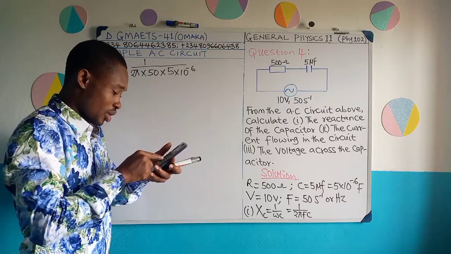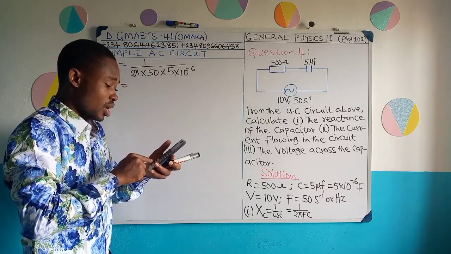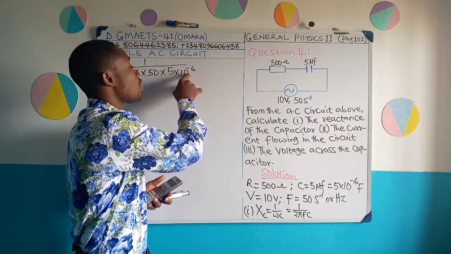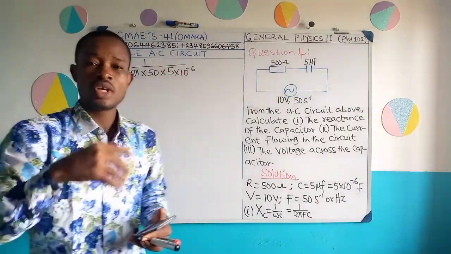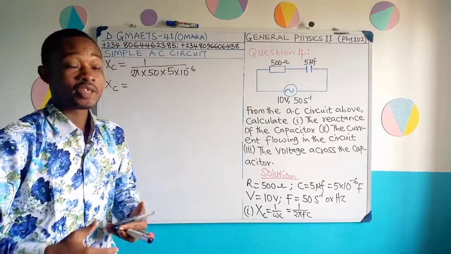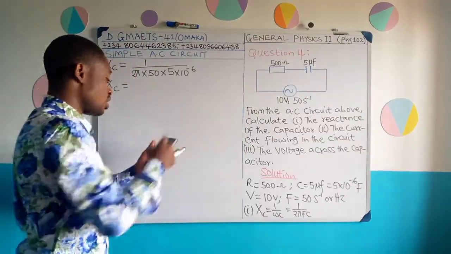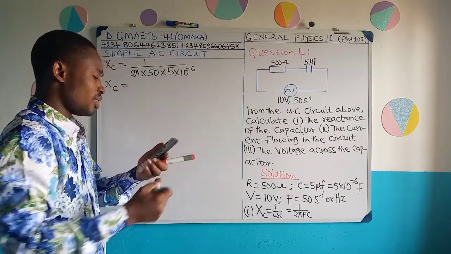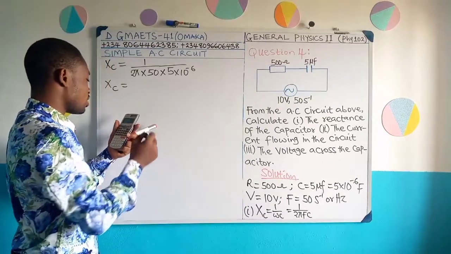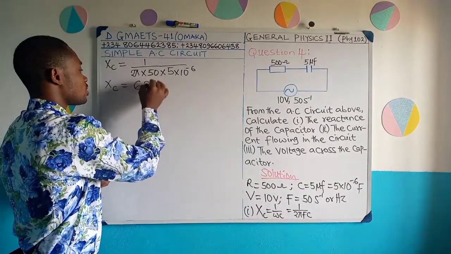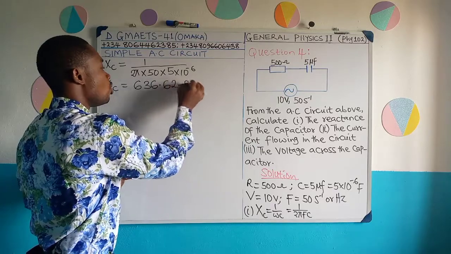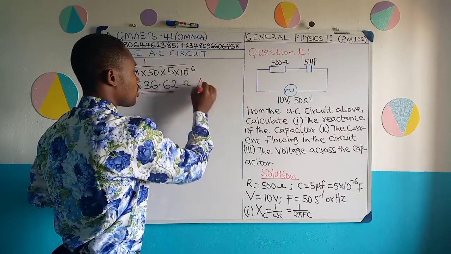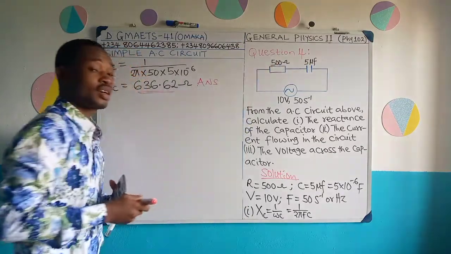You would recall that in one of the questions we solved previously, question number 1, I moved this 10 raised to the power minus 6 to the numerator in order to make it positive. So it's still the same thing. This time around, I chose to leave it in the denominator, so it's going to carry the minus 6. And from here, this gave me 636.62 ohms. So this is the opposition offered to the flow of current by the capacitor in that AC circuit there.